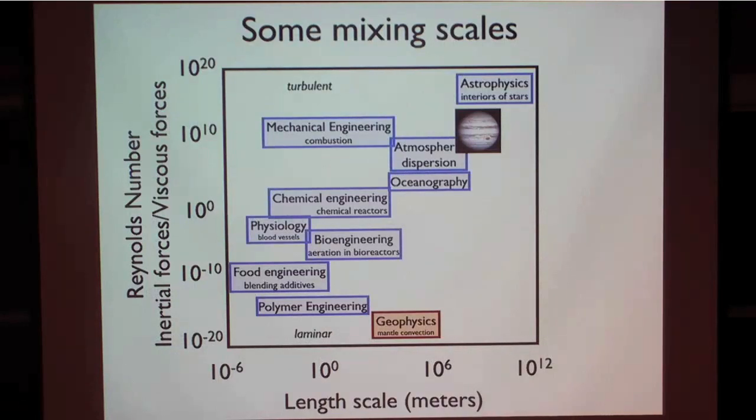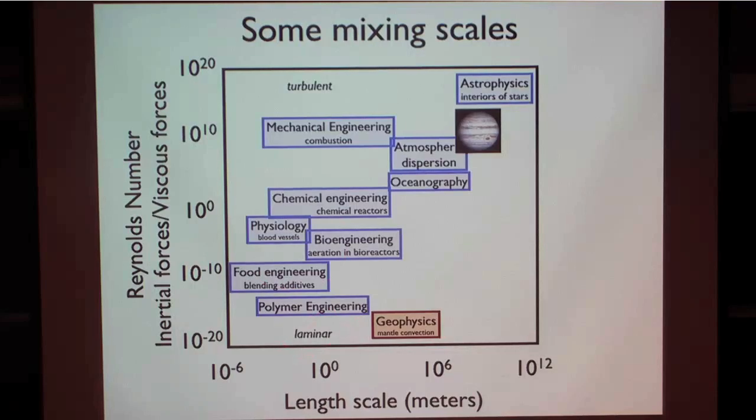Another thing to keep in mind as we go forward is that the mixing scales that we are used to in everyday life are quite different from the mixing scale in the mantle. There are two numbers to keep in mind here. One is the length scale, which in geophysics and mantle convection is thousands of kilometers. The other is a dimensionless number called the Reynolds number, which is a measure of the inertial forces normalized to the viscous forces. All you need to know is that the higher the Reynolds number, the more turbulent the flow is.